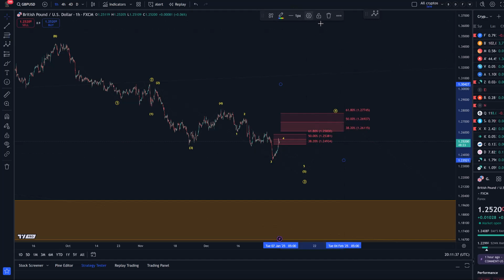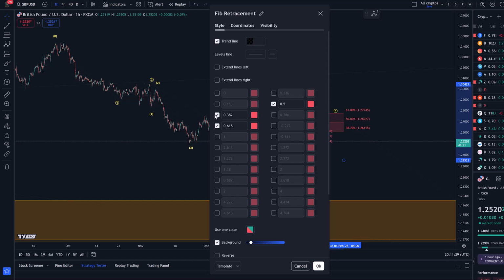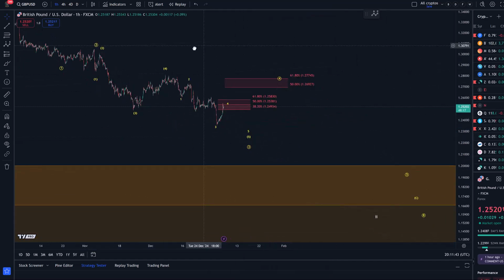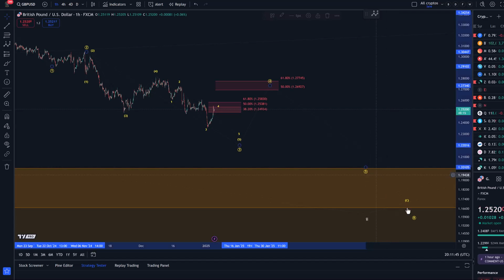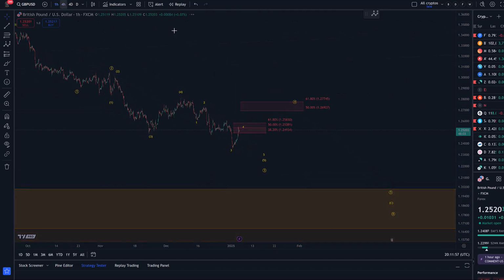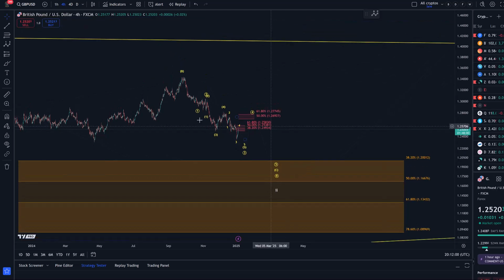So this would be resistance for circle 4. This means this wave count is valid as long as we are below 1.277. Only a break above 1.277 would suggest that something's not right. This structure is shifting.